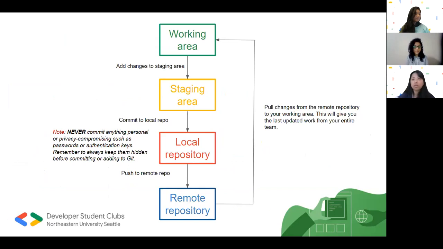Once you commit any changes, those changes are kept almost permanently on the system, even if you delete them, which means you should never add anything that can compromise your security, your application security or your company security, such as passwords or authentication tokens. Never commit anything that is sensitive to GitHub. Always hide them before you commit to your repositories.